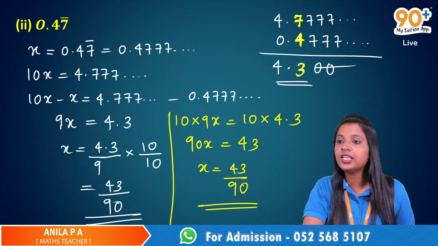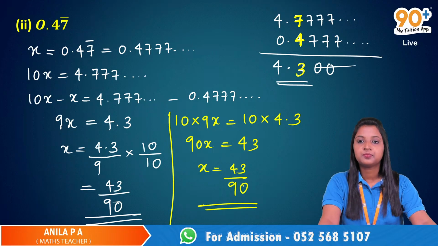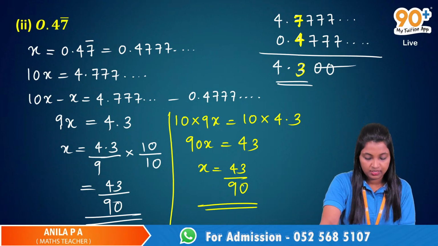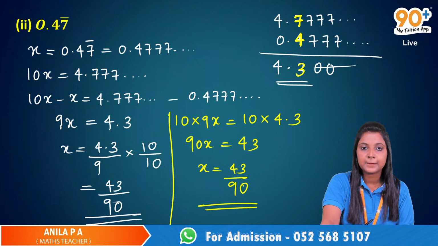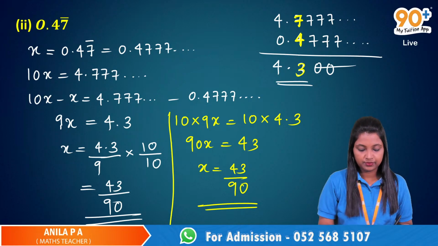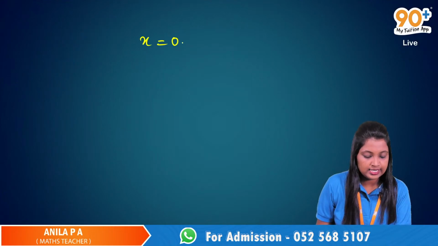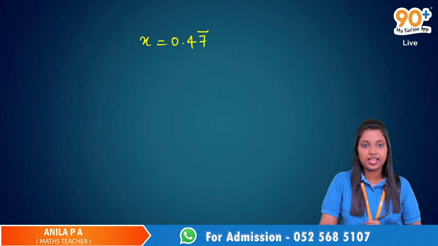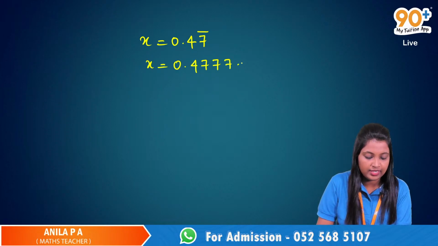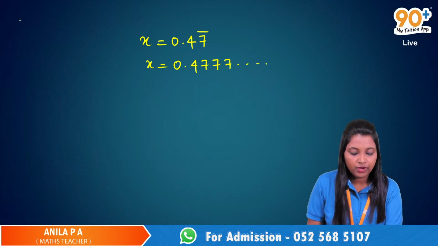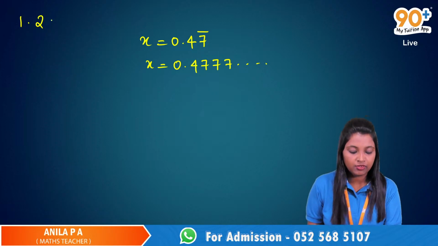Minha, do you have any doubt? Yes, ma'am. I need to know about the second step, 10x equal to 4.777. I have confusion about how you got 4.777. Okay. So x is equal to 0.47 bar, and this bar is only for 7, which means x is actually equal to 0.4777 etc. Suppose we have 1.2 and we are multiplying it with 10.